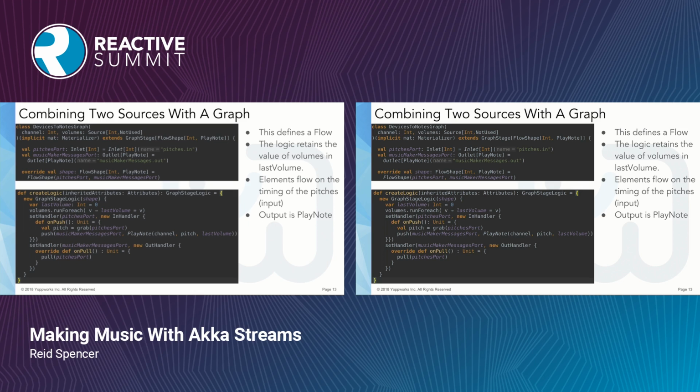So this says the value that we want to get from the pitches port is assigned to the value pitch. And then I immediately push that onto the Music Maker message port, the output, but I wrap it with play note, channel, pitch, and last volume. So that's where the output gets created in that last line of on push, and I'm pushing that value onto the output port.